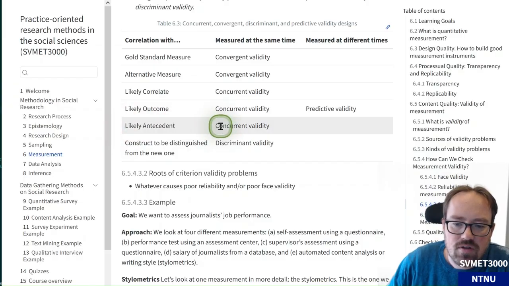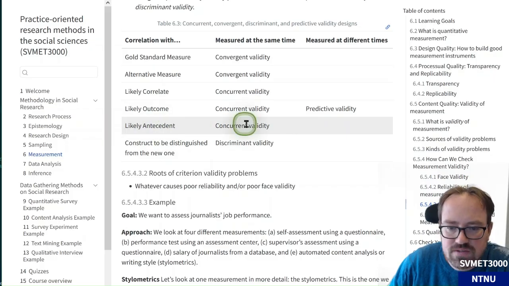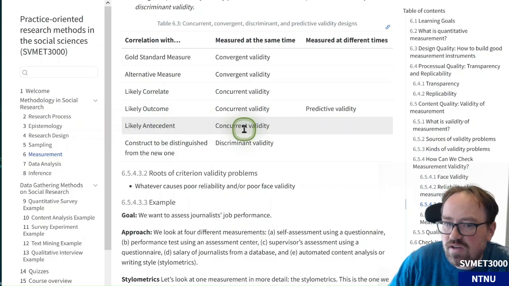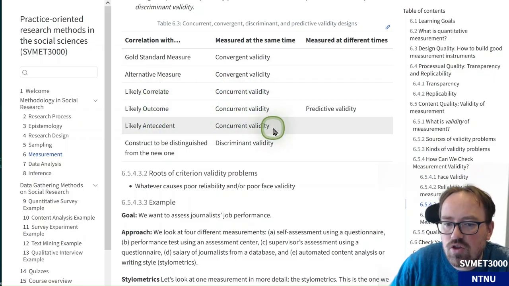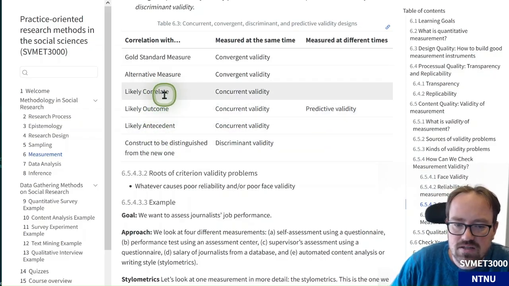And if we measure the outcome and compare it with a possible cause, then we also call it concurrent validity. So it's only about the nomenclature, it's only about the time point of the two measurements, not about their role here as correlate, antecedent, or outcome.